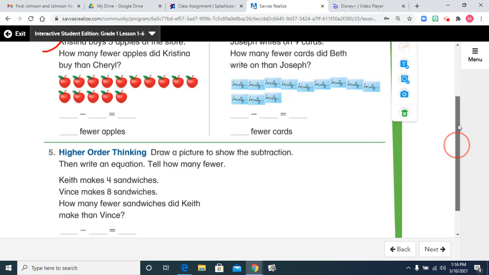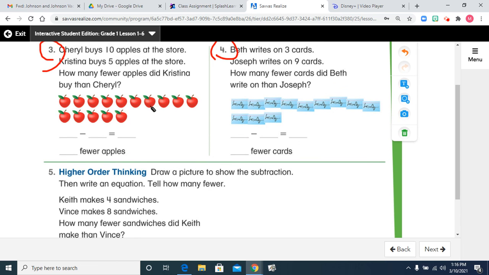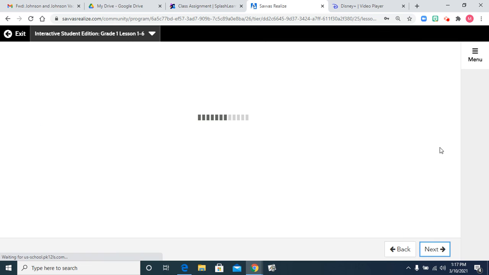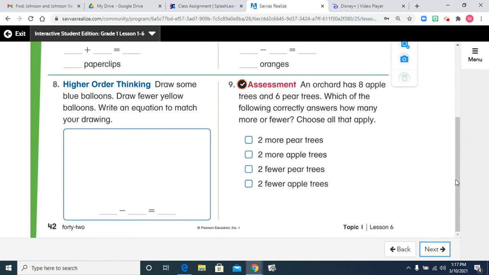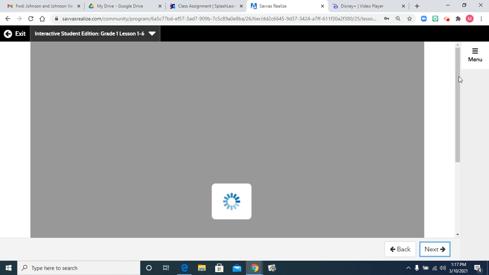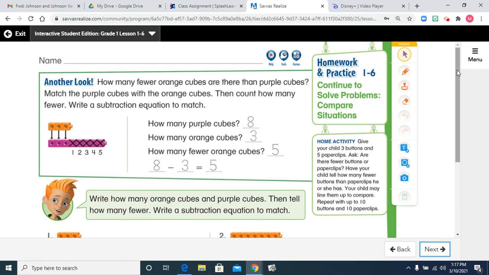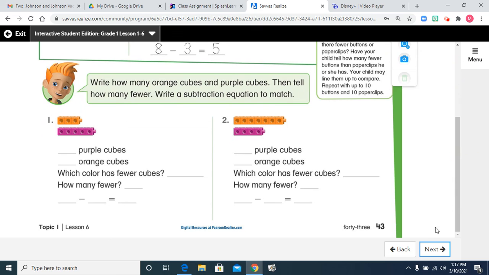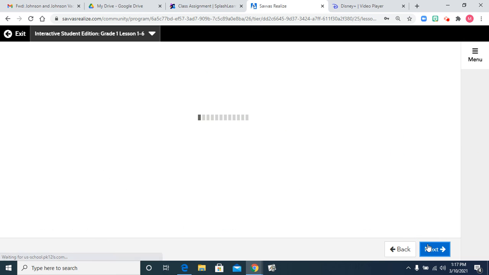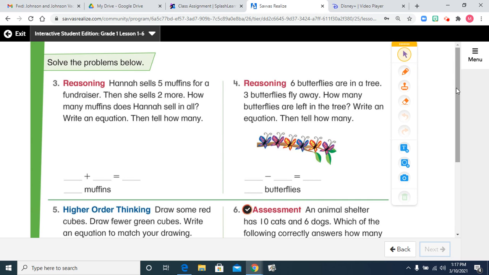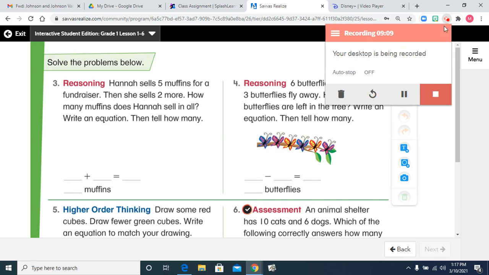It's up to you though, but I really want you to do numbers 3 and number 4 for sure. After you're done with that page, if you want to do some extra practice, you can do some problems on page 42. Or there's also problems on page 43 that you can do, and page 44. Remember, you don't have to do them all. Just grab a couple and do those just for some extra practice.